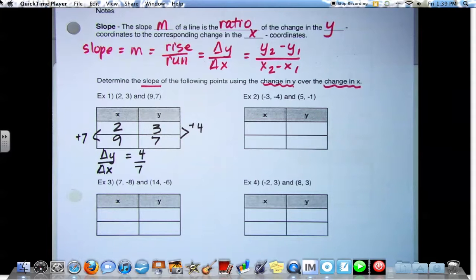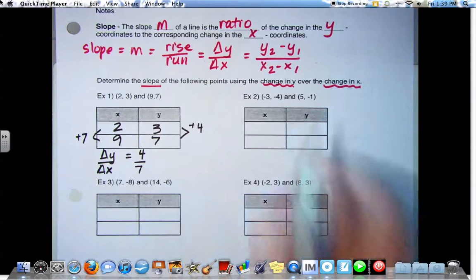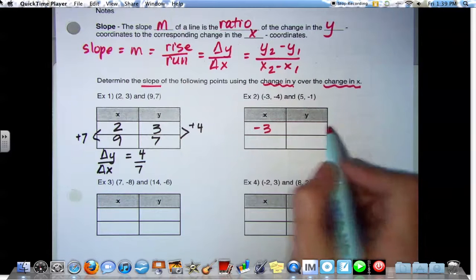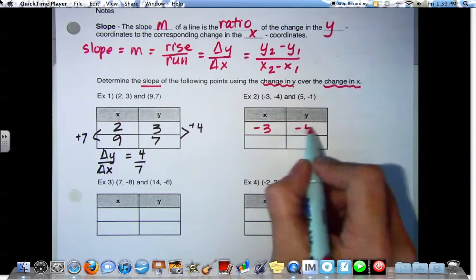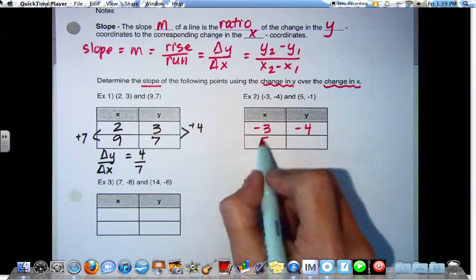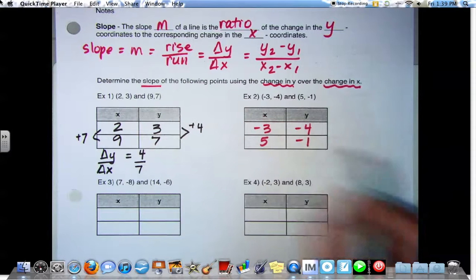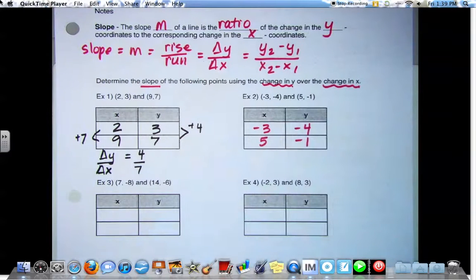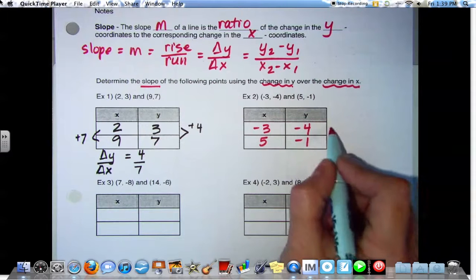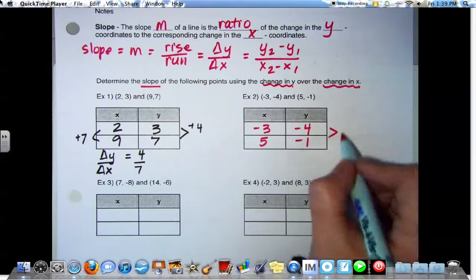All right, so we have (-3, -4) and (5, -1). So the -3 goes under the x, -4 goes under the y. 5 goes under the x, -1 goes under the y. So when we move from -4 to -1, we add 3.